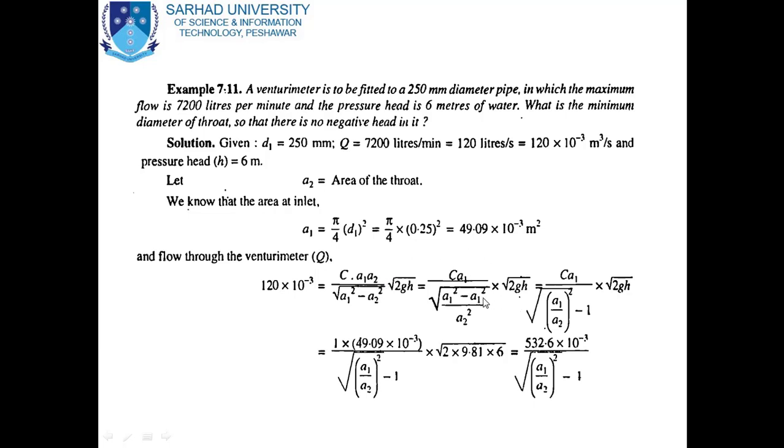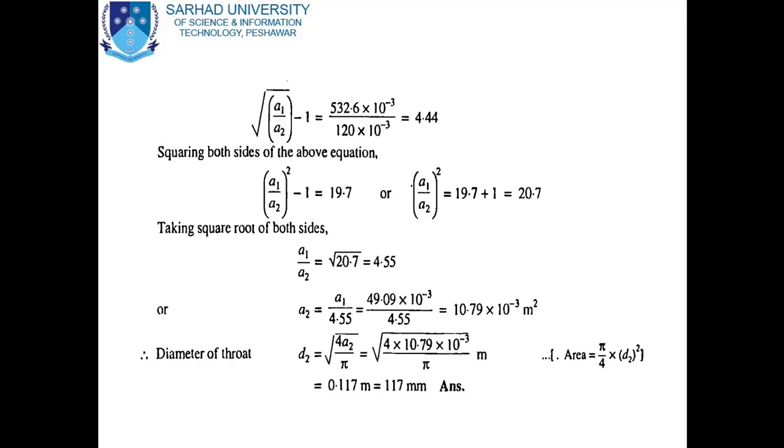G is 9.81, H is given 6. So put these values and simplify this equation, you will get under the root (A1 divided by A2) square minus 1 equal to 532.6 into 10 to the power minus 3 divided by 120 into 10 to the power minus 3, that is equal to 4.44.